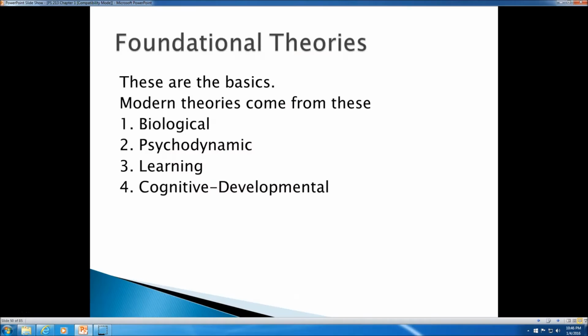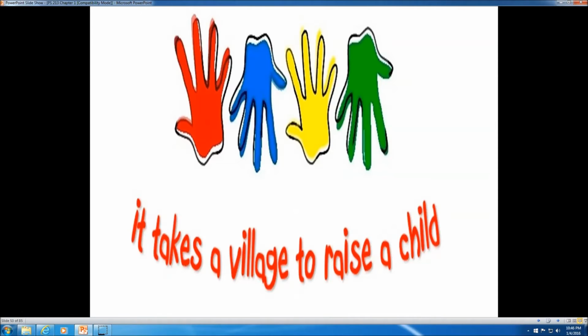Speaking of theories, our fifth and final foundational theory is called contextual perspective. This view believes that environment and experiences are very important, but it expands to a much larger system, including parents, siblings, family, teachers, friends, church, community, and actually the entire culture.